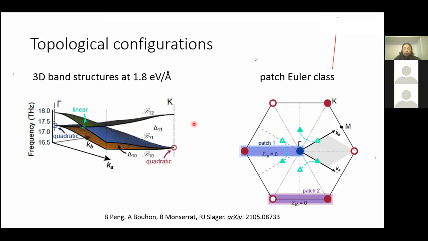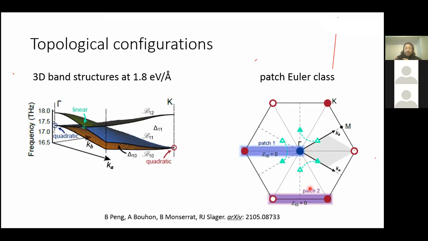Similarly, we can also do the patch Euler class for all the bands. After all this, the calculations are actually very tedious, because we need all these phonon eigenvectors to do the Wilson loop calculation to get this patch Euler class in this patch of the momentum space.